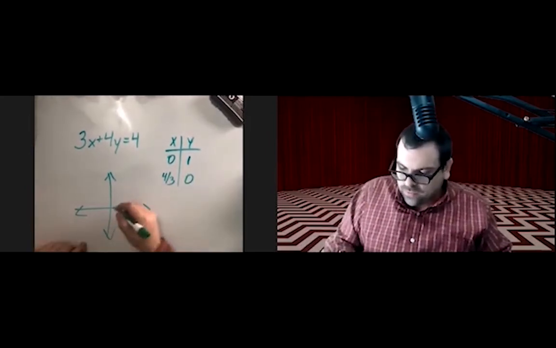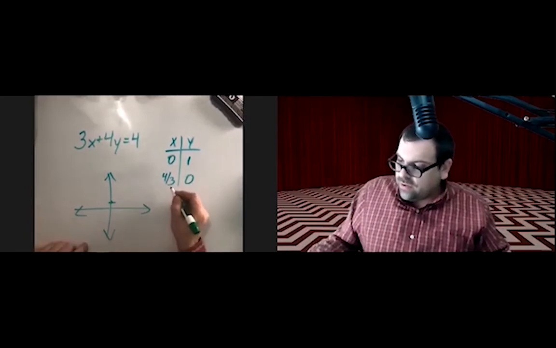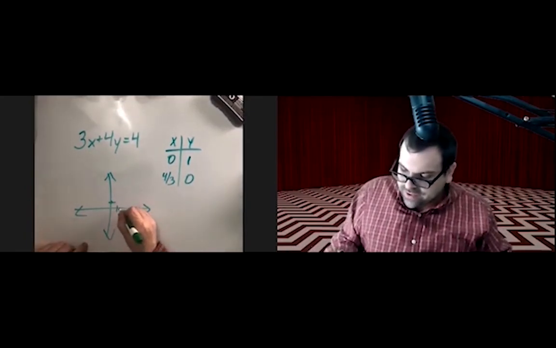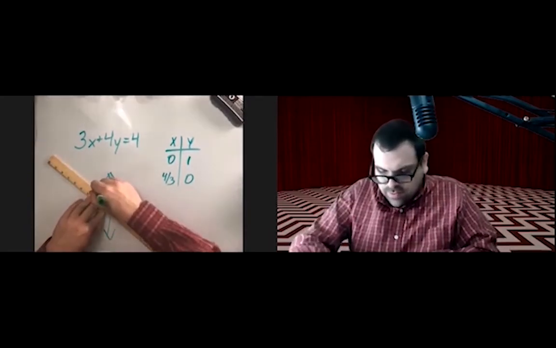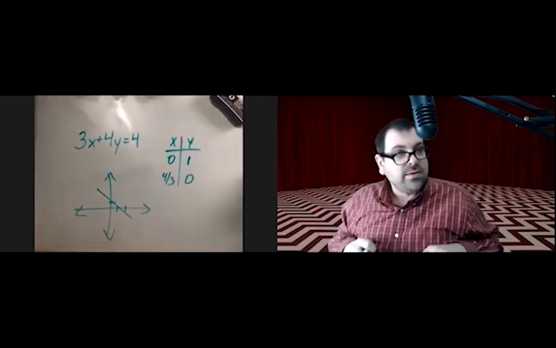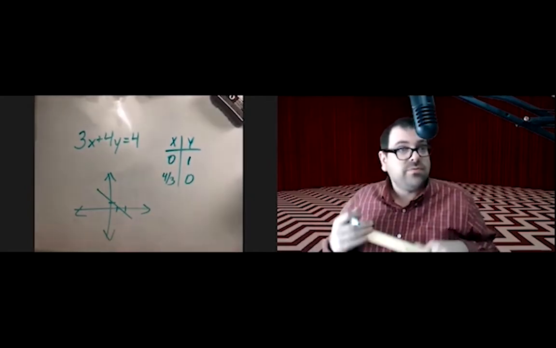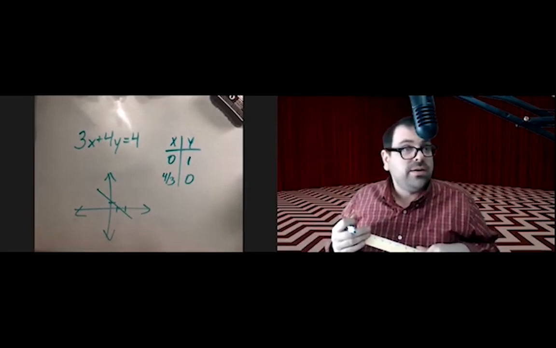We can go (0, 1). We can go (4/3, 0), so 1 1/3. And then draw that line through the 2 points. If it just said graph, you can do it that way.